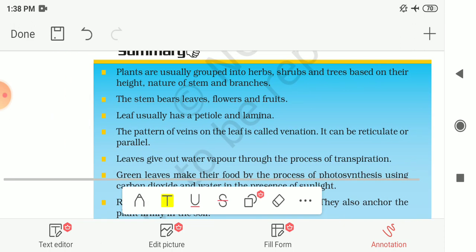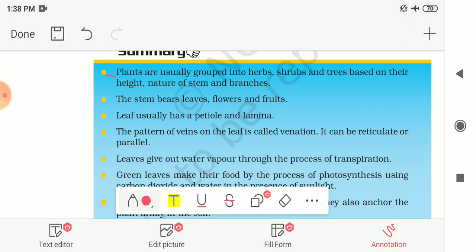Now let me quickly see the summary of this chapter. The first thing we had seen is that plants are usually grouped into herbs, shrubs and trees based on their height and the nature of stems and branches. Then we had seen that the stem bears leaves, flowers and fruits. Next we had seen that a leaf usually has a petiole and lamina.